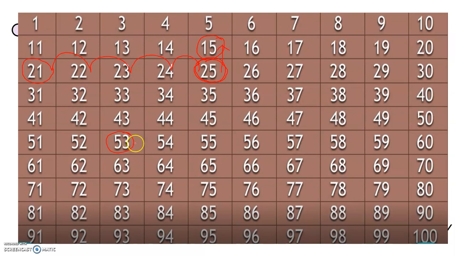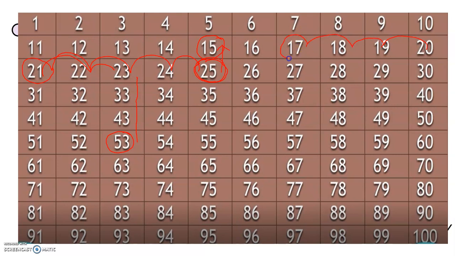To subtract 3 tens, you have to move upward 3 times. 1, 2 and 3. 36 is 3 tens and 6 ones. To subtract ones, you have to move 6 steps backward. 1, 2, 3, 4, 5 and 6.